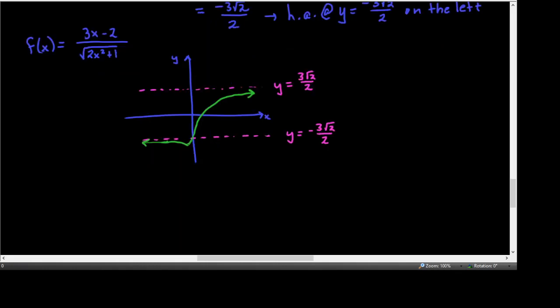All right, so a lot of functions do not approach a finite limit as x increases or decreases without bound. In other words, we've been getting numbers like 3 square roots of 2 over 2 or negative 3 square roots of 2 over 2 or whatever, but not all of them do that.